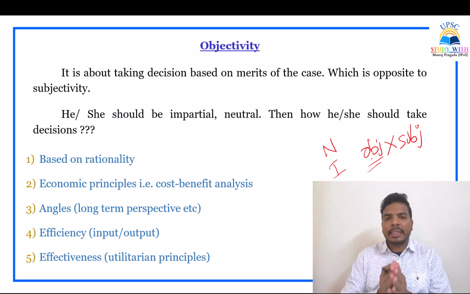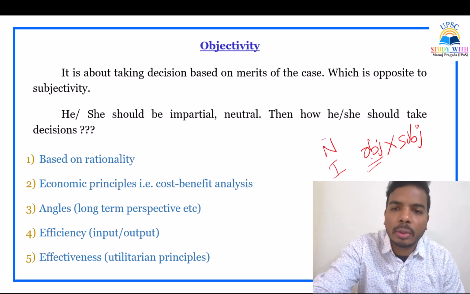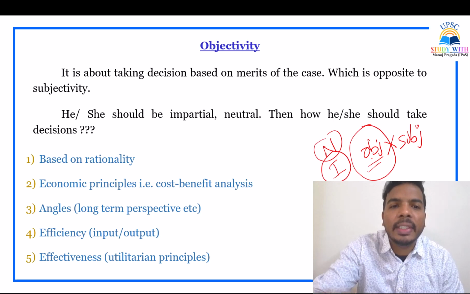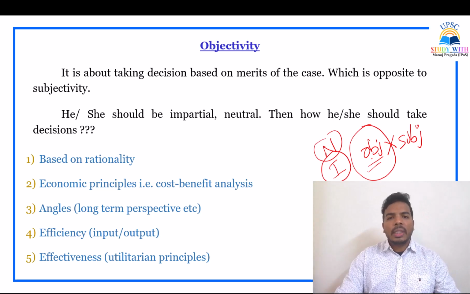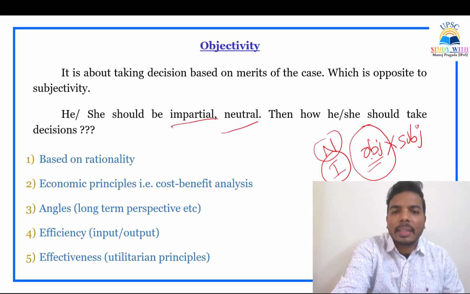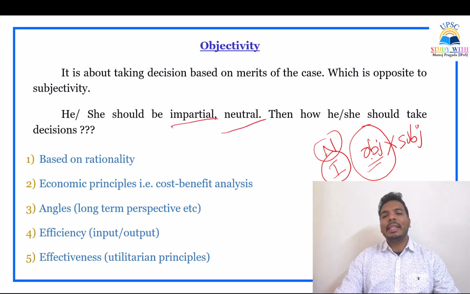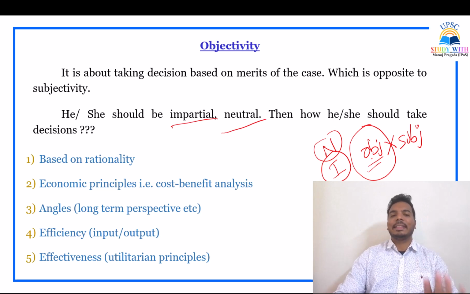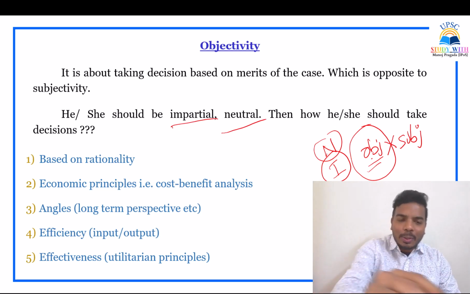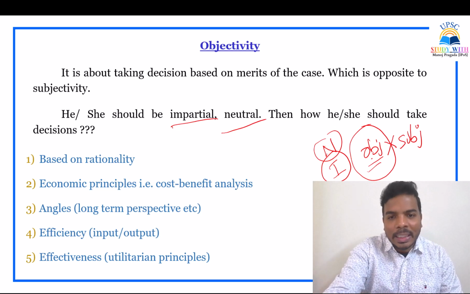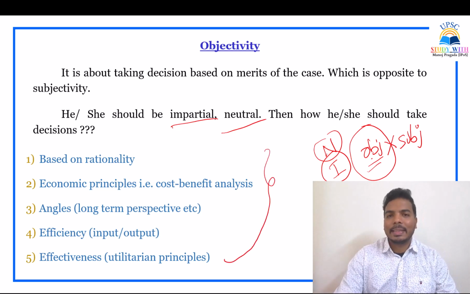So the civil servant should imbibe all these values. What are those values? Neutrality, impartiality, objectivity. We have already said that he or she should be impartial, neutral. Then how should he or she take decisions? So I have given you certain factors.